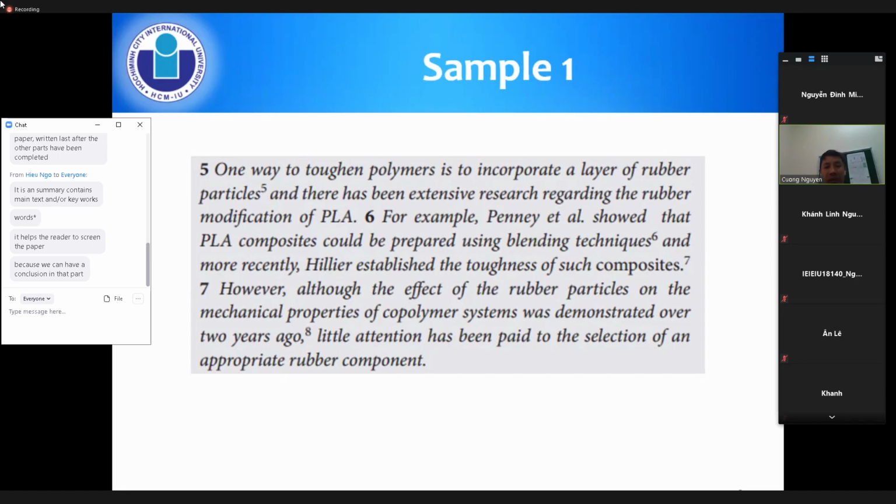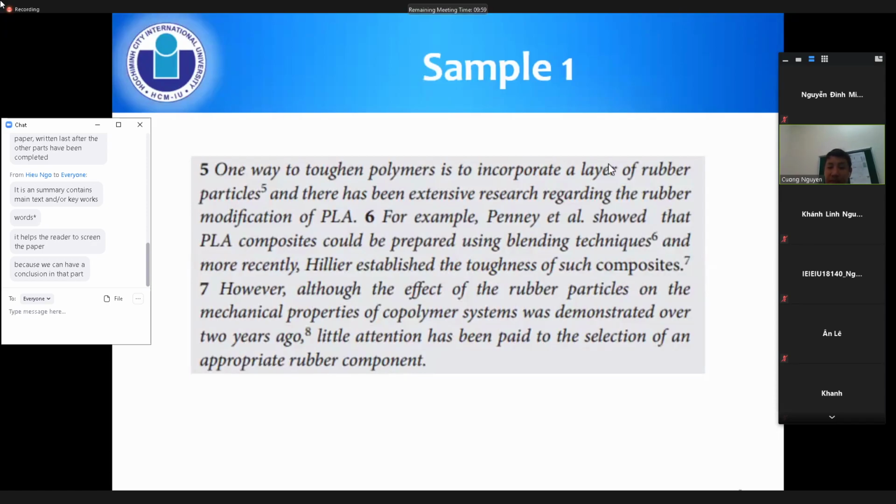So they point out the way that people have used to toughen, to make their polymer stronger. That is to use a layer of rubber particles. And a lot of research has been done about this process, including Penney and Hillier. Okay. However, the author of this paper says that, even though some techniques have been used and found out by those scholars, little attention has been paid to the selection of an appropriate rubber component.